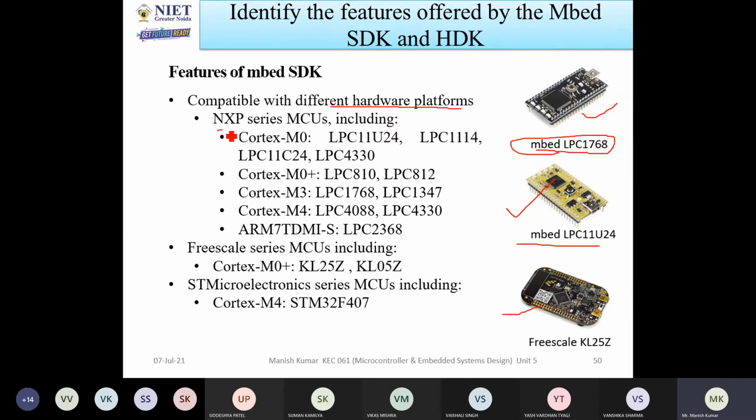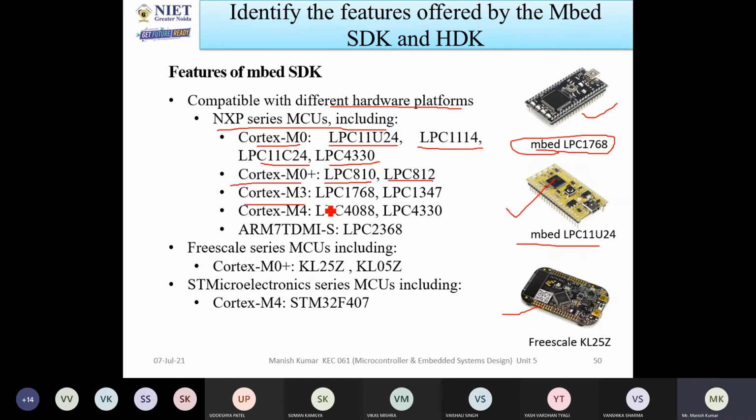Now, when we are talking about the NXP series MCU, with the help of the Cortex M0 processor, LPC 11U24, LPC 1114, LPC 11C24, LPC 420, this type of different controllers are designed. With Cortex M0 Plus, LPC 810 and LPC 812 are found.